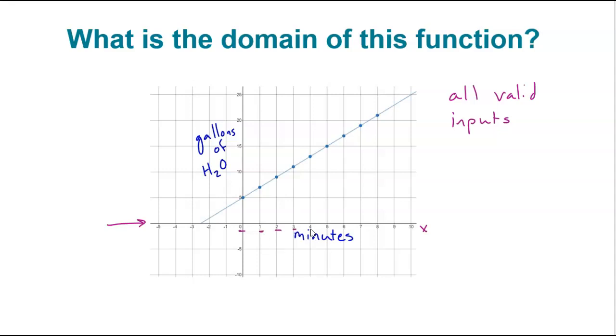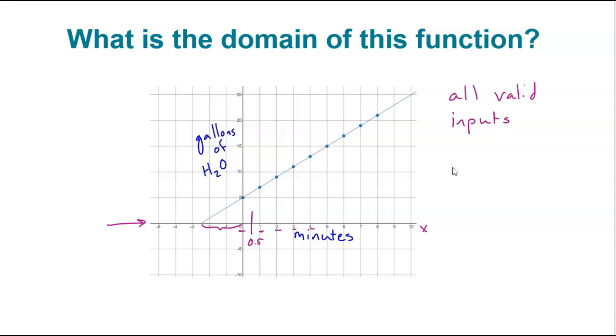All of these integers are. We also said that 0.5 is. That's a good one. And basically any number in between here, right? 0.25, 0.7, any of those numbers in between. So pretty much anything positive is valid. And then we even said that this region right here, all the way back to negative 2.5 is valid.